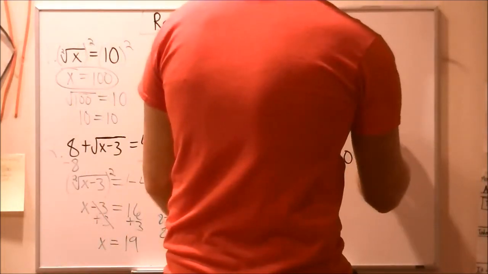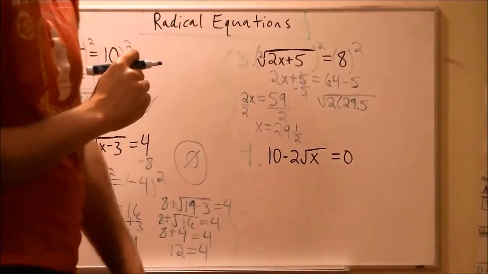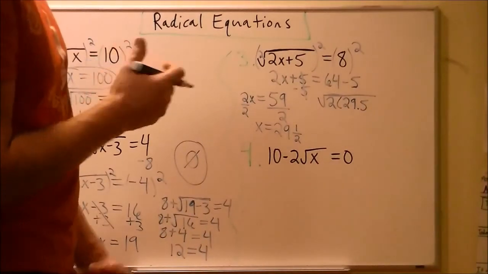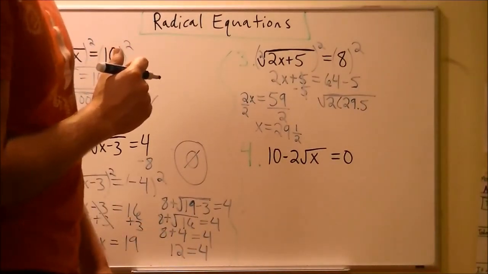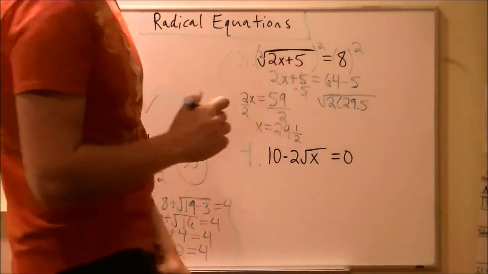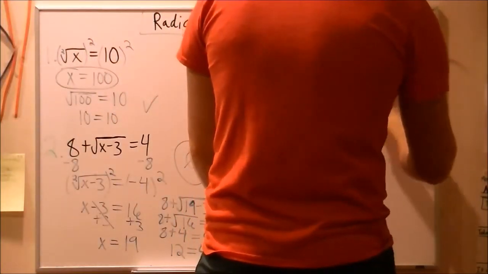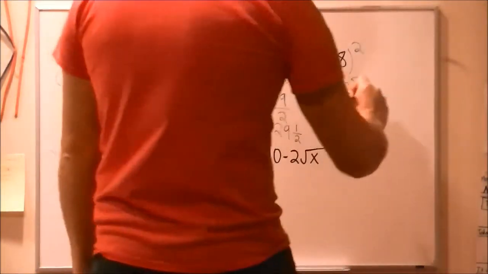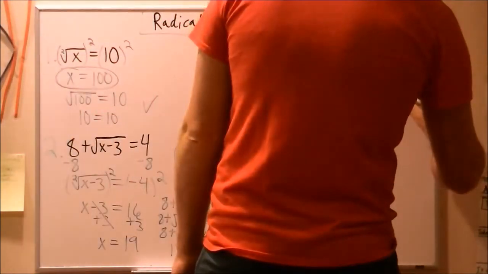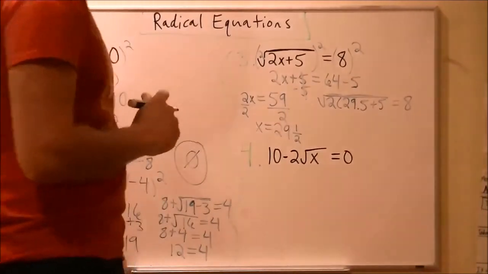I like decimals, especially multiplication, better than fractions and mixed numbers. So 2 times 29.5, and then plus 5, all of that underneath the square root symbol, equals, hopefully, 8, unless we need to change our answer.